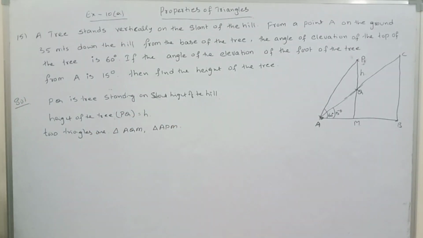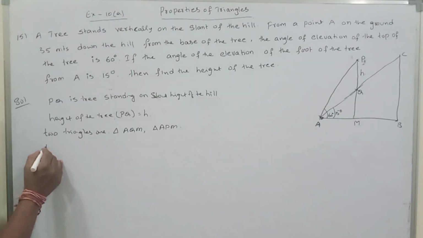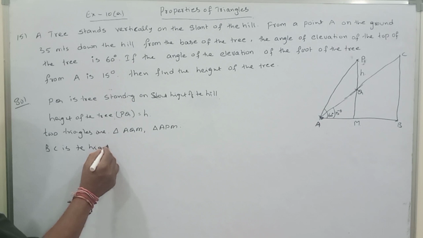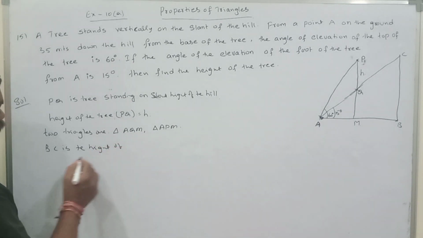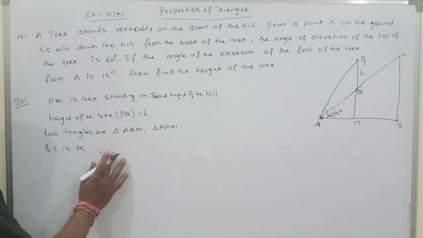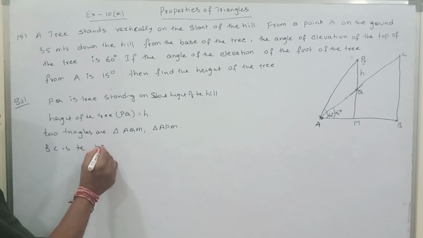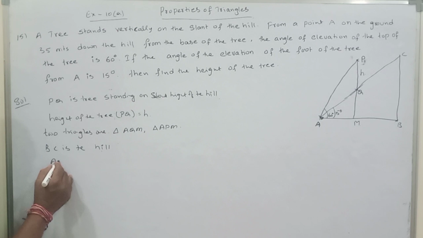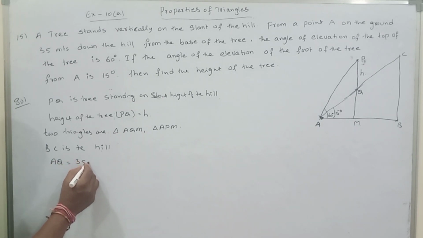Okay, all of you. In this, BC is the hill, and AQ is equal to 35 meters.